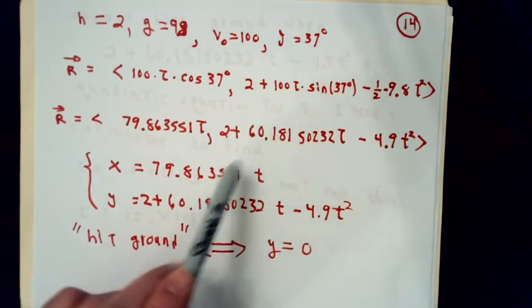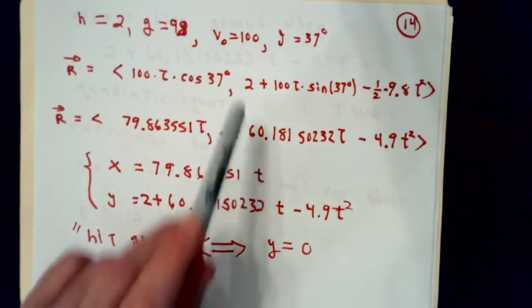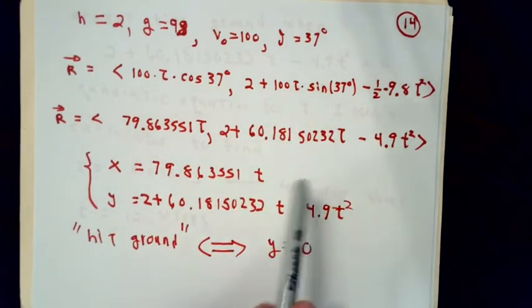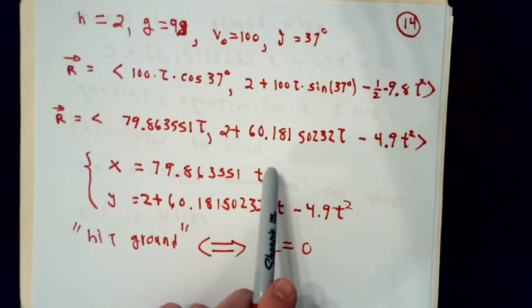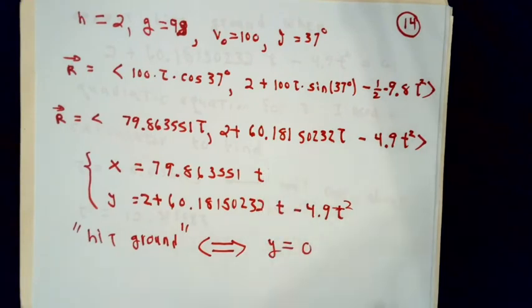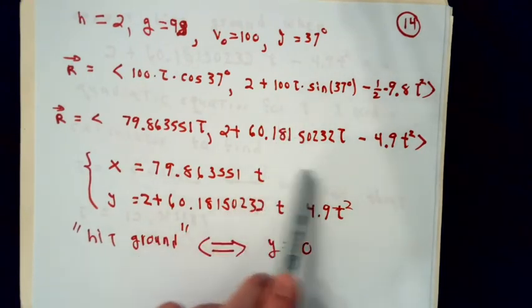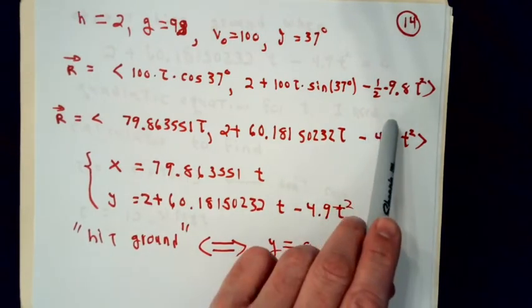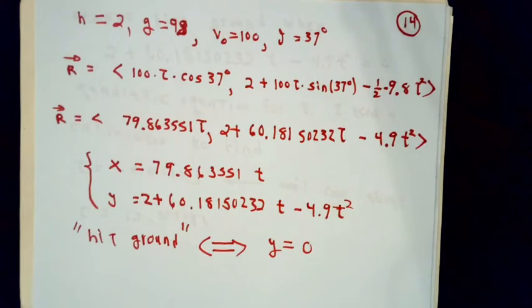In the second one, I had 2 plus 100 times sine 37 degrees, which turned out to be 60.181 some odd, all multiplied by t, minus 1/2 times g times t squared. 1/2 times 9.8 is 4.9. That's where the 4.9 t squared came from.